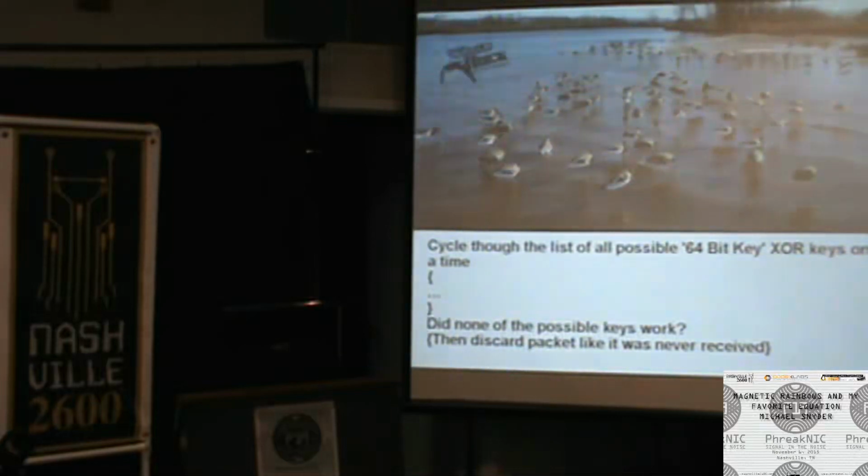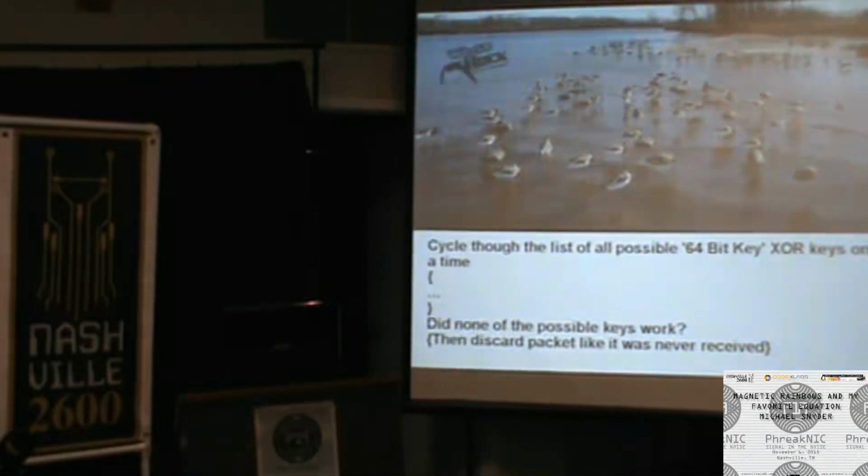Well, one possibility is just for him to drop the packet like it never received it. And that's a really nasty thing to do to the eavesdropper. So the eavesdropper really doesn't know the permutation window. It doesn't know how big a set of permutations to check. And if you make a packet that has the wrong MD5 value for every possibility, then the client will just kick it out.